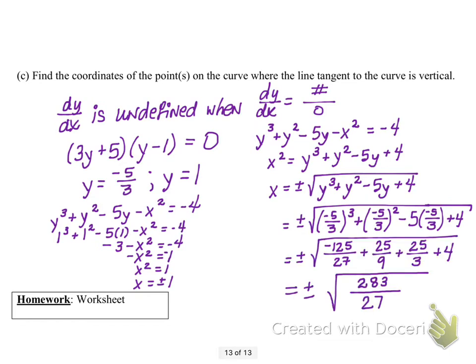Tips and tricks. You could simplify this further. If I were you and I was taking the AP exam or even my final exam in calculus, I would stop there. That right there is a number.